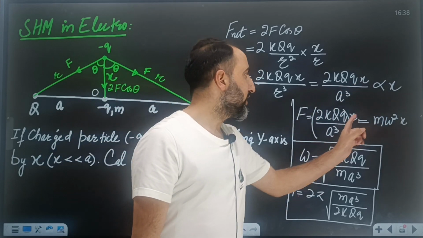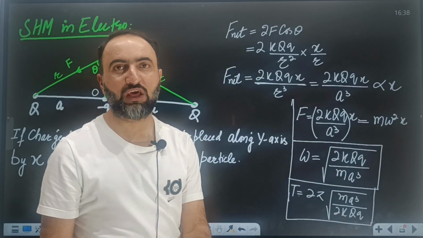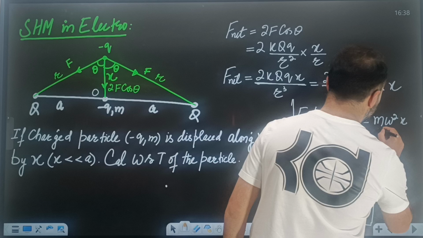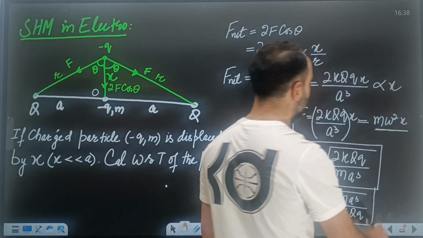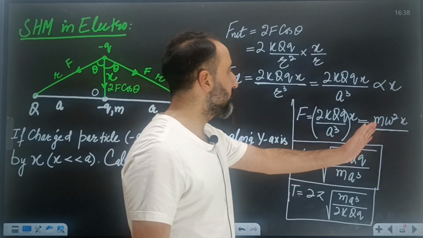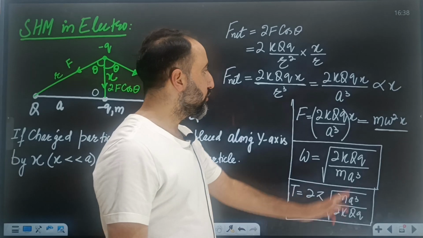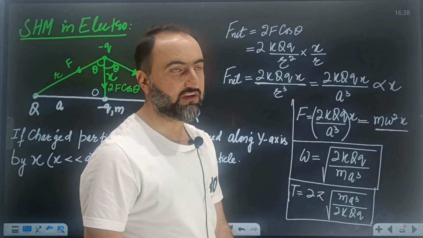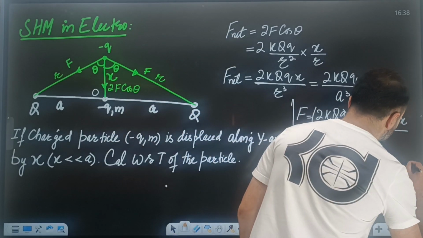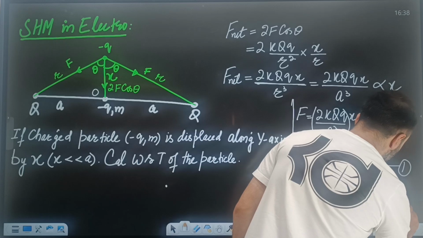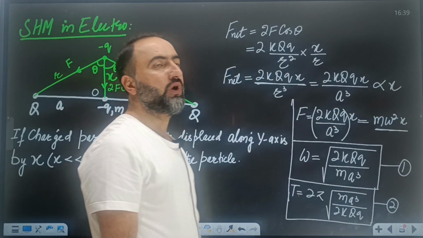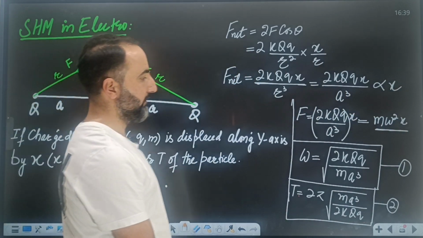That is given by this equation m omega square x, the generalized equation for linear simple harmonic motion. Once you equate these two equations, x and x is going to disappear, तो वहाँ से omega आएगा, which is the angular frequency. So first equation gives you angular frequency, and the second equation जो यहाँ पे है, that gives you time period of the charged particle.